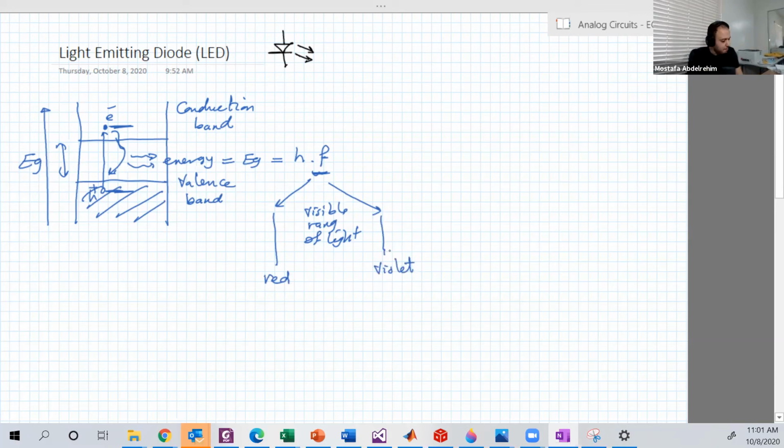Okay, that's a very high-level view of what's happening inside light emitting diodes. So a light emitting diode is just a normal diode. This is the principle of operation, we can say. Some characteristics.